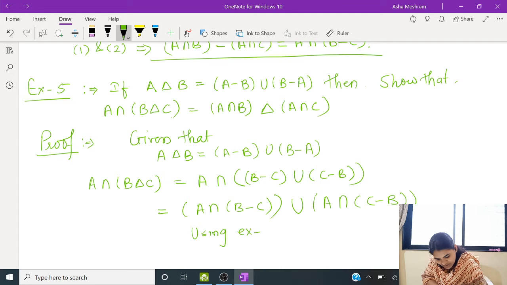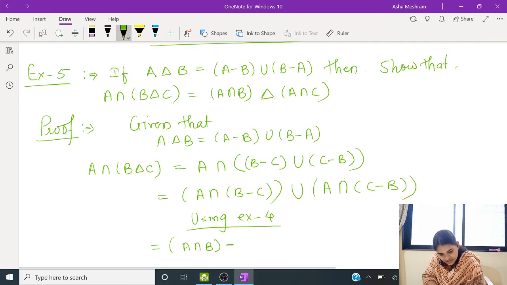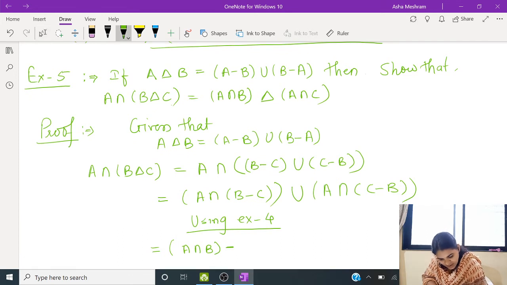Using example number 4, we can write this as A intersection B minus A intersection C, and union. Again here we apply the same example number 4.